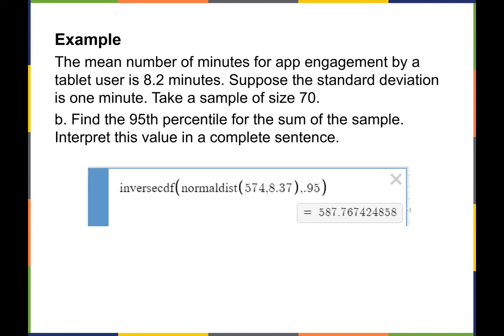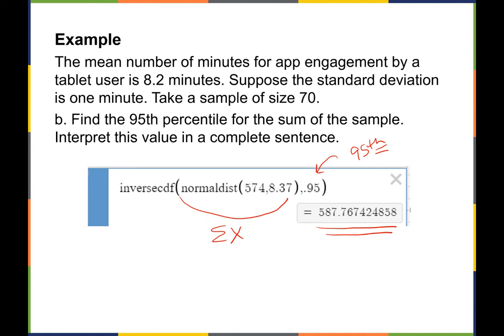So we want to know the 95th percentile. Here's our normal distribution for the sum of x. Remember, when we use inverse CDF, you give it the percentile, so that's the 95th percentile, and it gives you back the value that would be at that 95th percentile. That means that 95% of the values for this normal distribution are below 587.76.